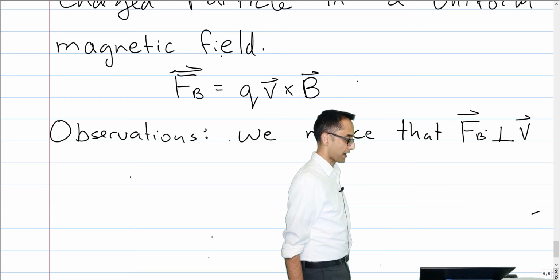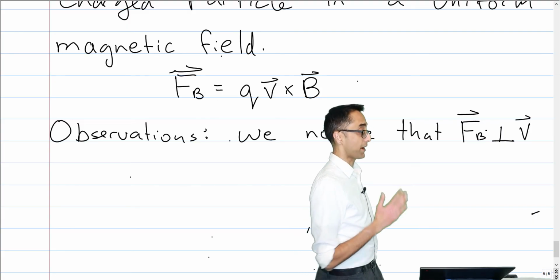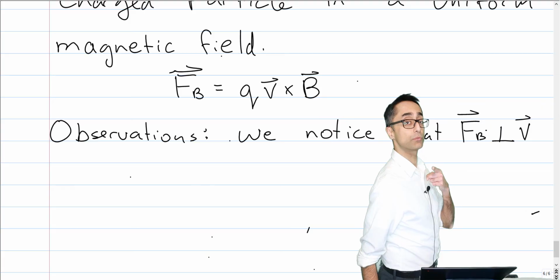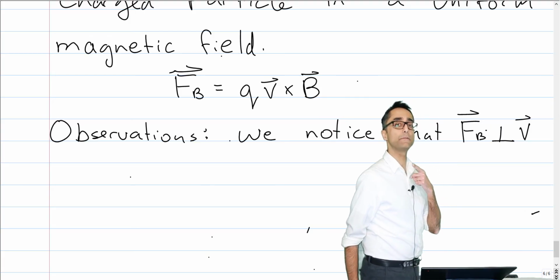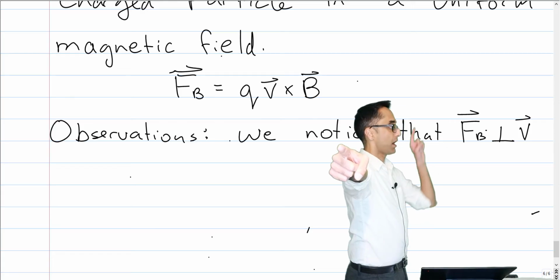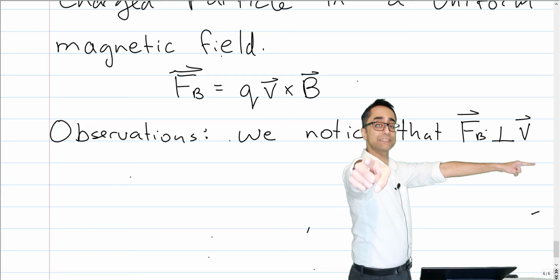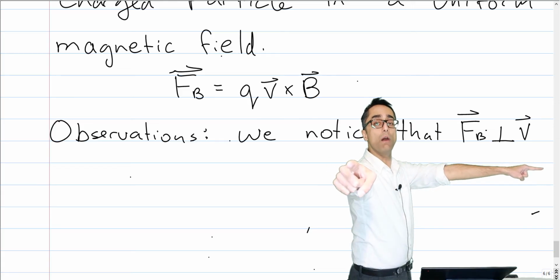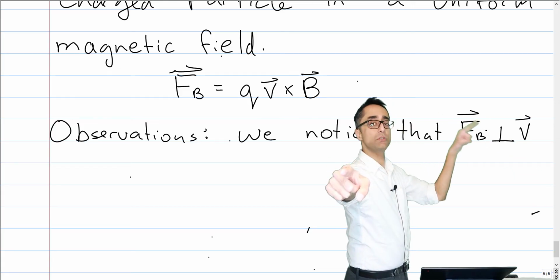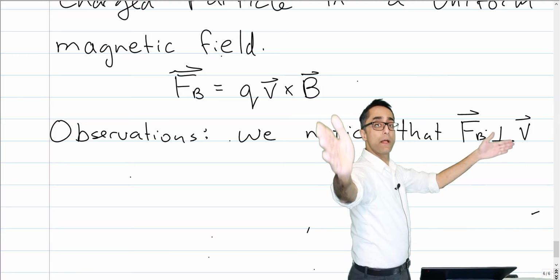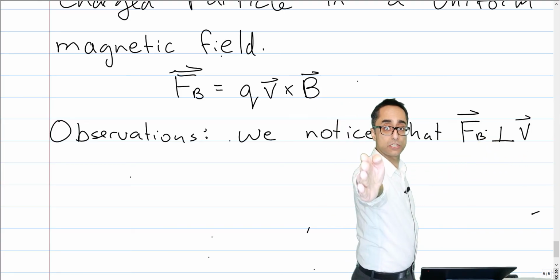So if I am walking this way, and something starts pushing me in that direction, what happens to my V? Does a force in that direction affect my velocity in this direction? No. I will continue to have a speed of whatever I have, but what is the force going to do?